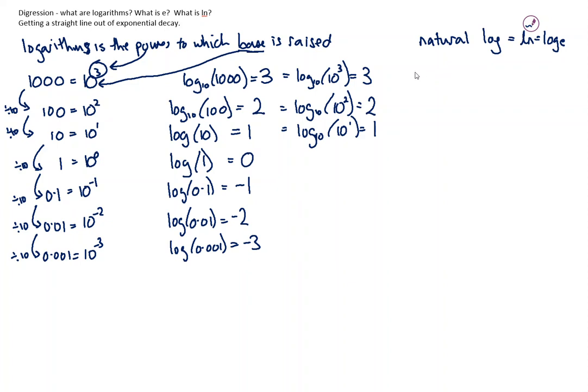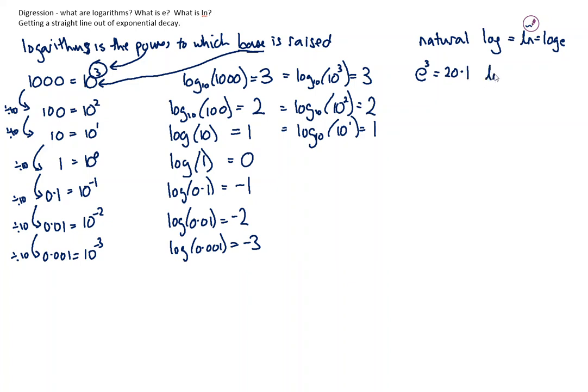Now, for the sake of argument, if I wanted to look at e to the 3 and put that into my calculator, you might want to do the same. Maybe pause me for a minute. Just do e to the 3. You'll see that the number you get is 20.1, or thereabouts.